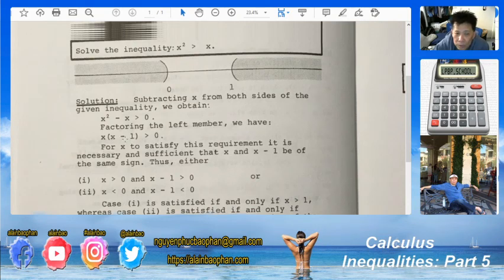Then you use the table method: find the root of x and the root of x minus 1, and then find the sign of x less than 1 and x greater than 1, and the sign for x greater than 0 and x less than 0.